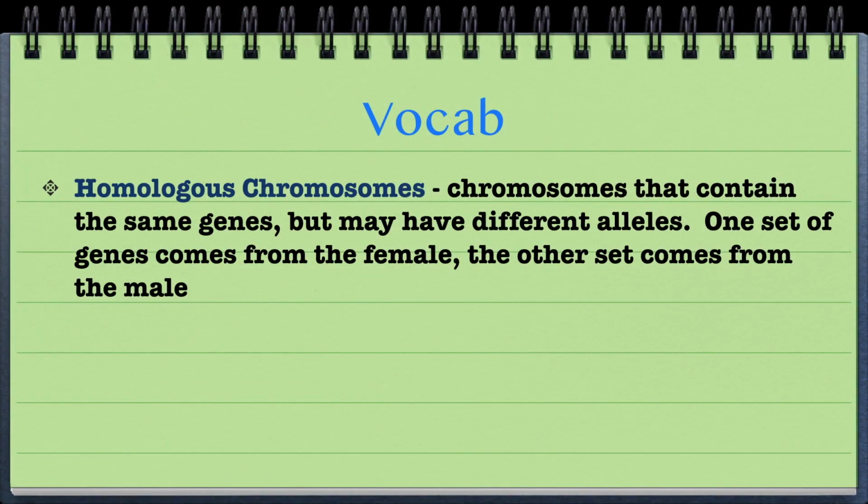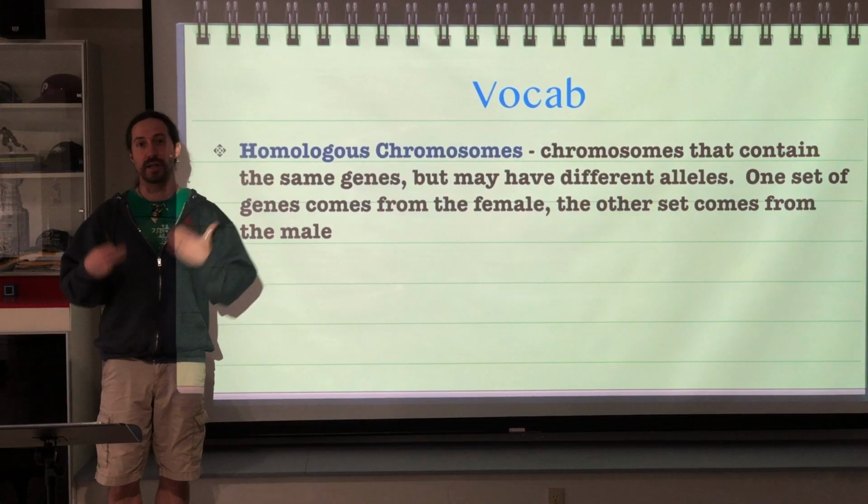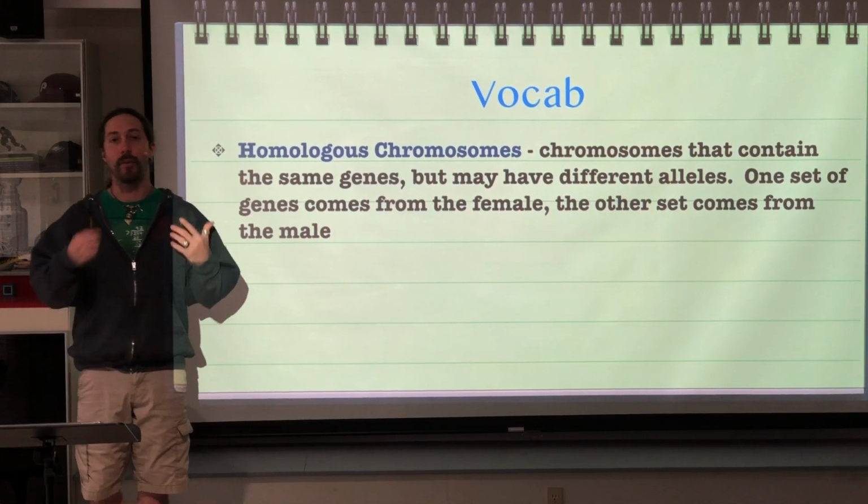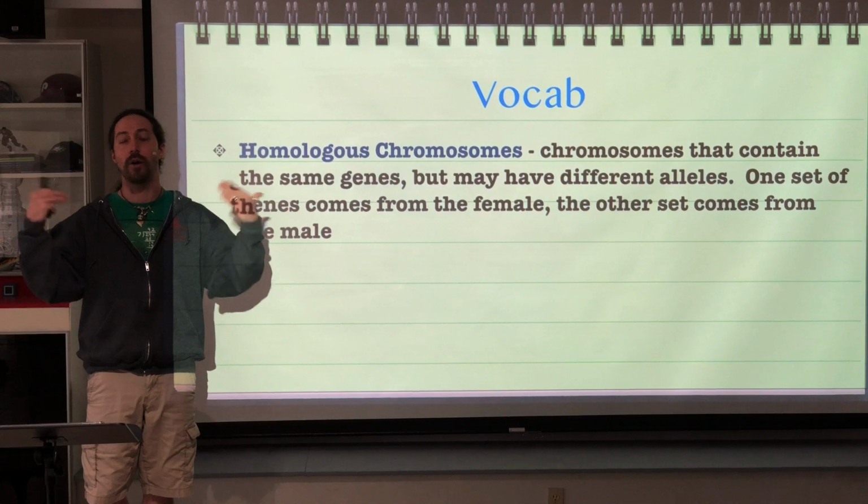We're almost done, all right? So we're almost through all the vocab. Next thing is homologous chromosomes. Those are chromosomes that contain the same exact genes, but they might contain different alleles. For sexually reproducing organisms like humans, we have homologous chromosomes from each of our parents.